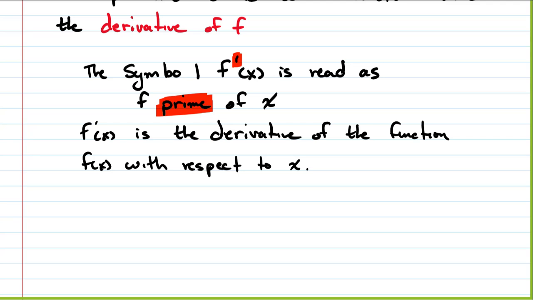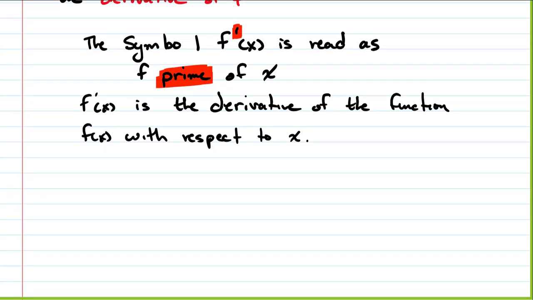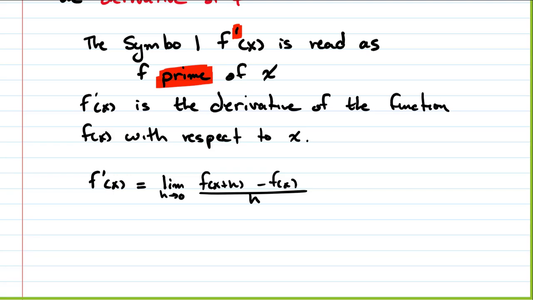And so according to our definition then, f prime is a new function. We define symbolically f prime of x to be equal to the limit as h goes to 0 of f of x plus h minus f of x, all divided by h.